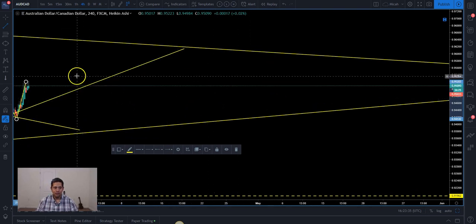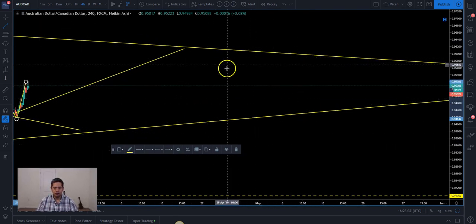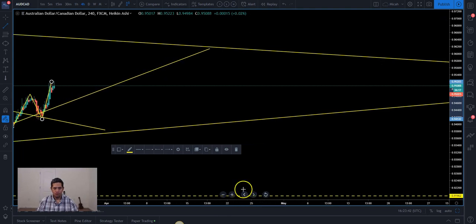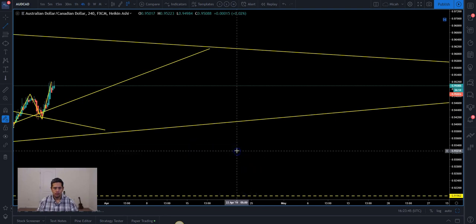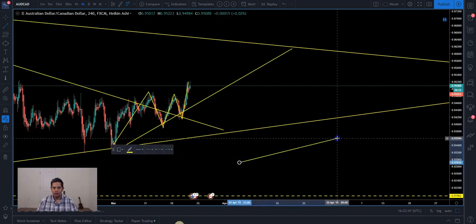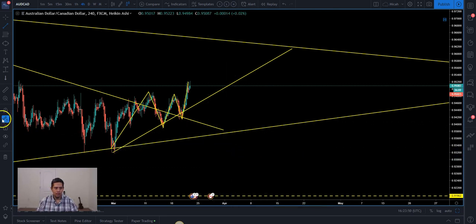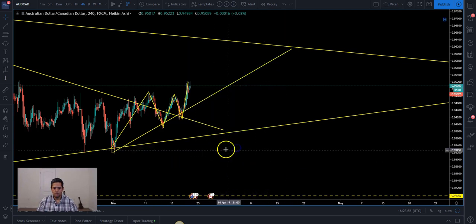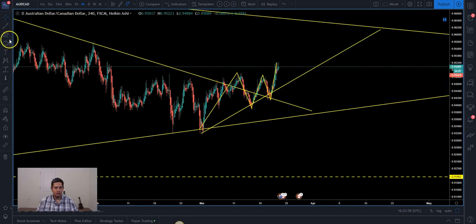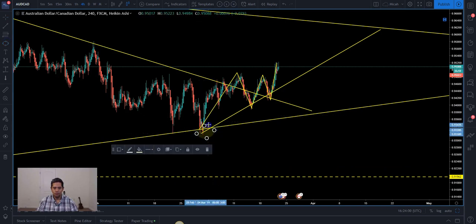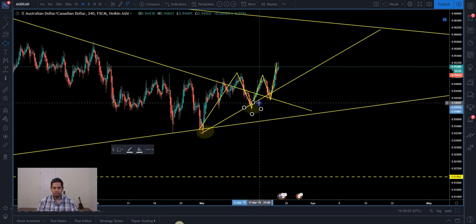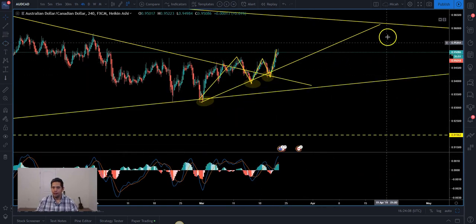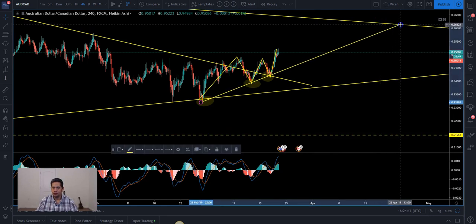So for me, because bounce back called the sell, this is what I'm expecting. What did it do every time it touched this? Here you go. Boom. Boom. 2, 3. It came back and it touched our trend line 3 times.